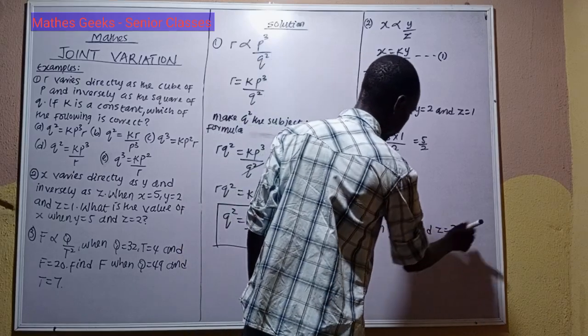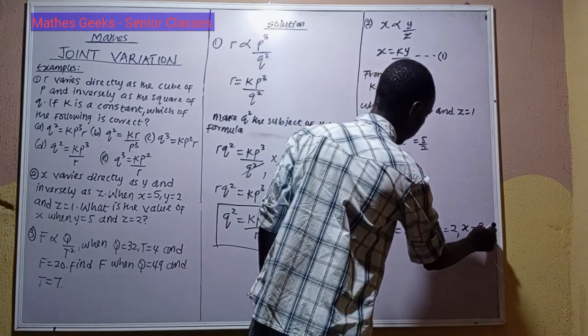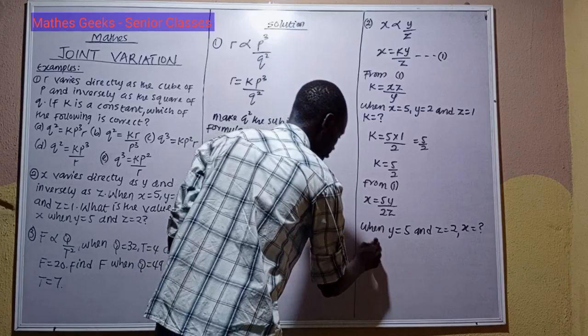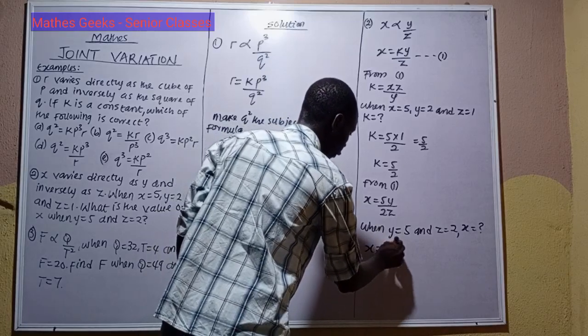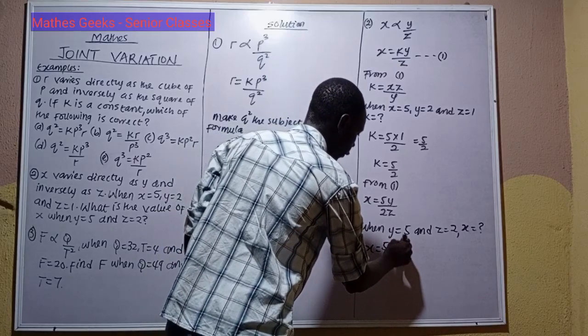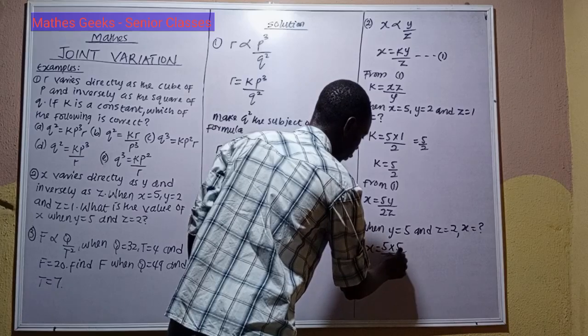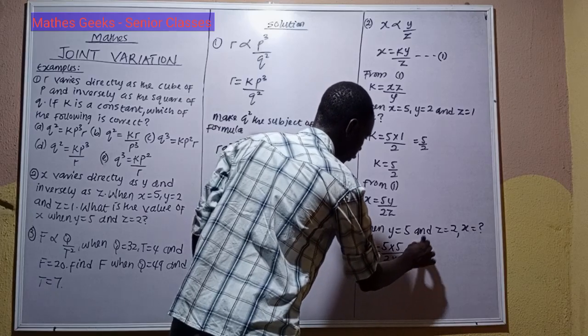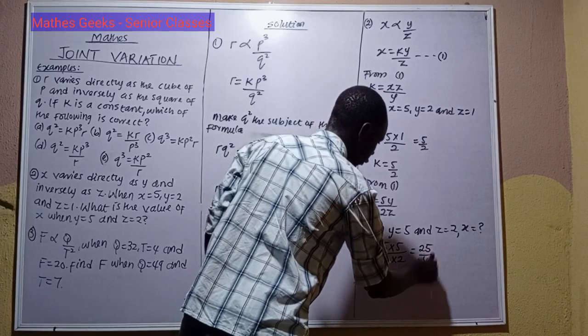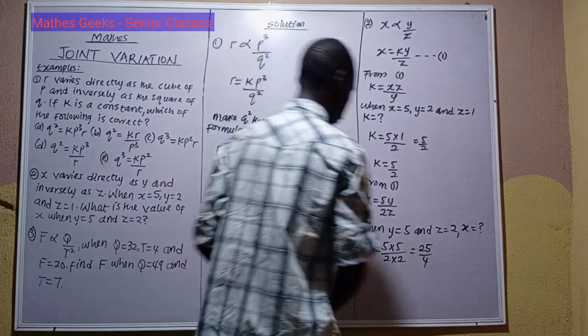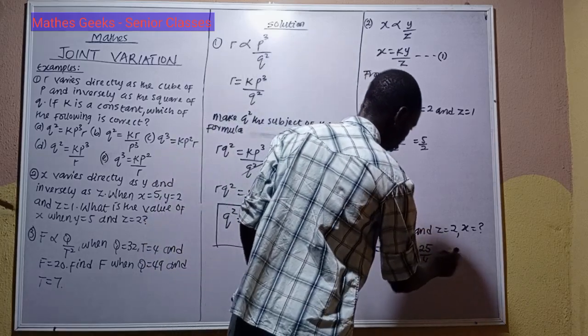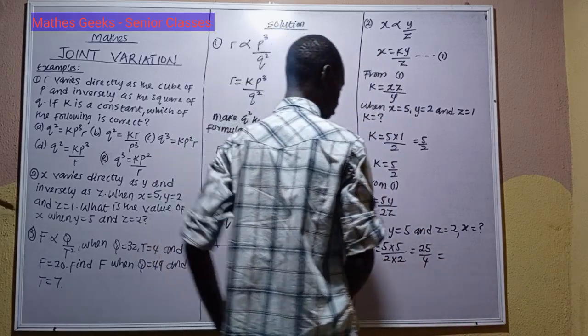So x is equal to 5 times y, 5 over 2 times z, 2, which is 25 over 4. So x is 25 over 4.